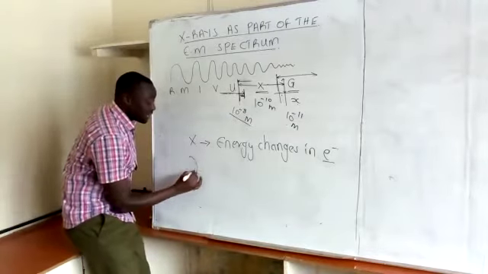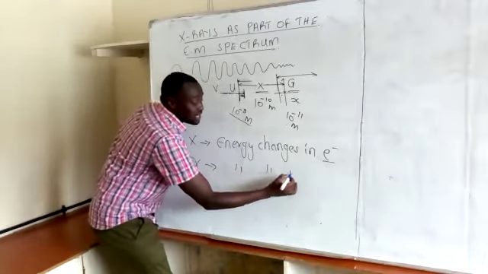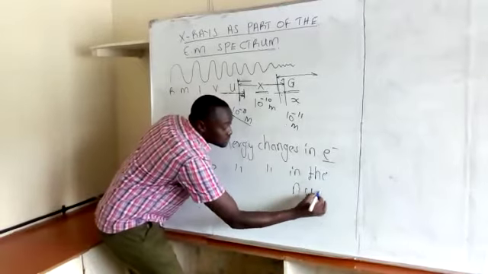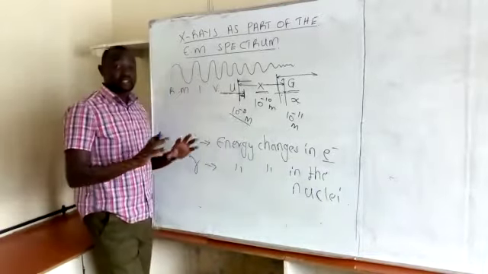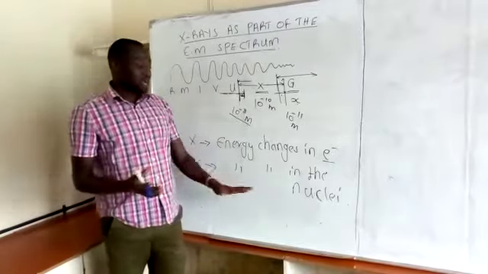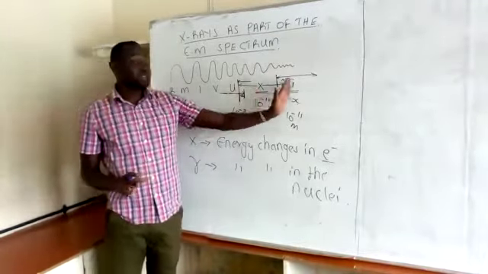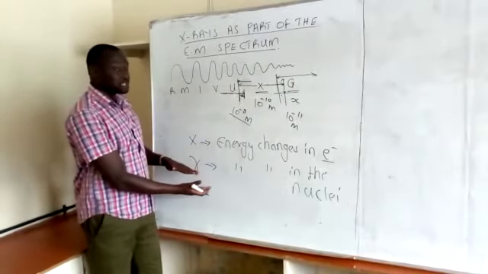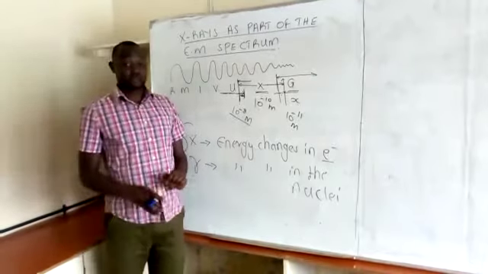But the gamma rays are produced due to energy changes in the nucleus, in the nuclei of an atom, and this is the nuclei of a radioactive atom. So that's a difference between the two. Where they overlap, we can get to know which is the X-ray and which is the gamma ray only by the way they are produced.